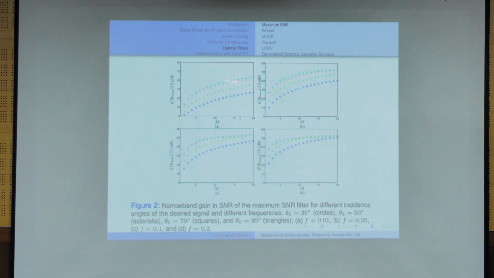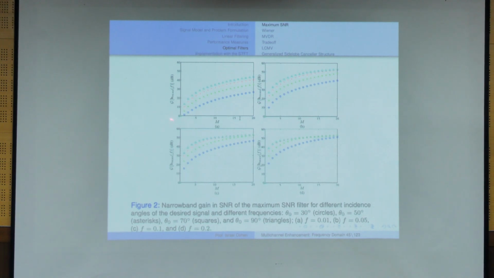But let's look at here. What is the gain in SNR? The blue line is for theta 0 equal to 30 degrees. The green is for 50 degrees. The red is 70 degrees. And the last one, the cyan, the light blue, is 90 degrees.